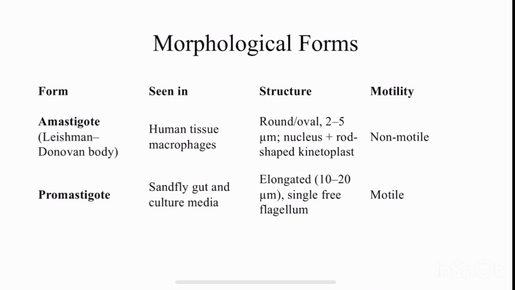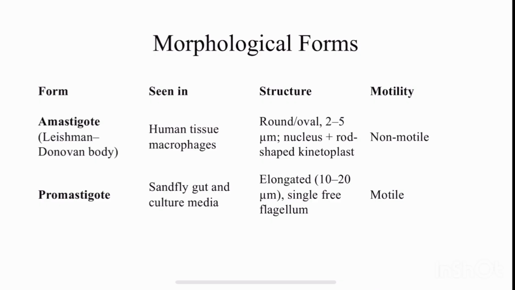There is a nucleus, and a kinetoplast is present next to the nucleus. The kinetoplast is a mitochondrial DNA remnant from which the flagellum arises. This amastigote form is non-motile because the flagellum is not properly developed.